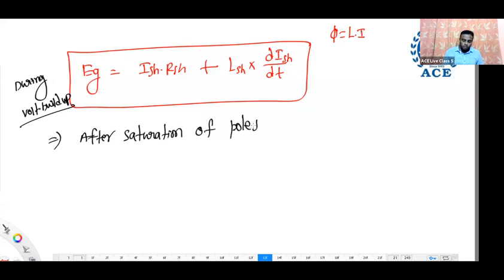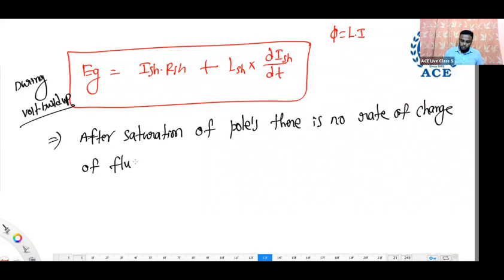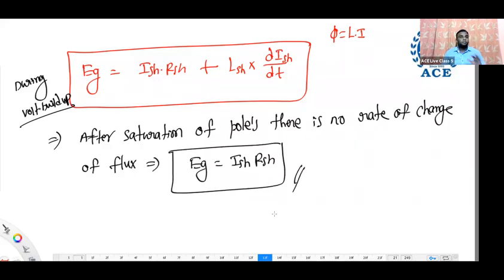After saturation of poles, there is no rate of change of flux, meaning flux is constant. Hence, Eg equals only ISH RSH. That is the Eg after saturation of field poles. But during the voltage build-up, or before saturation, this is the total EMF induced.